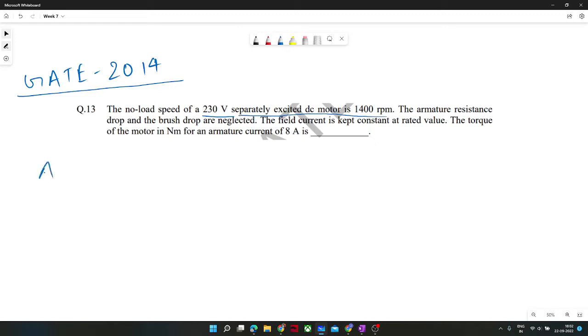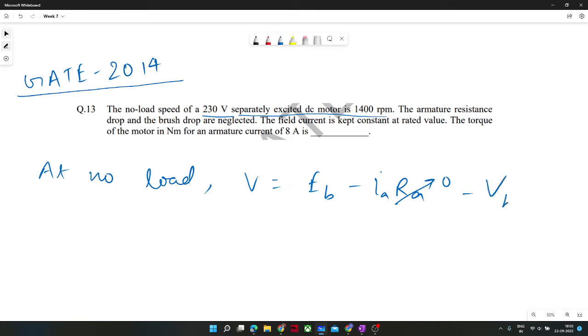So at no load, V is equal to EB. Why am I saying that? If there had been some resistance, then the equation would have been EB minus IA RA. But since armature resistance is zero and brush drop is also zero, all the drops are going to be zero and V is going to be equal to EB.